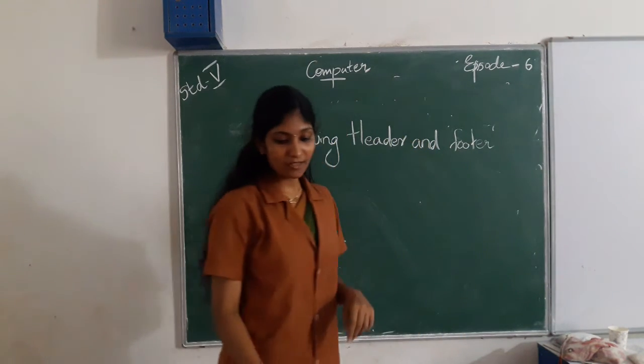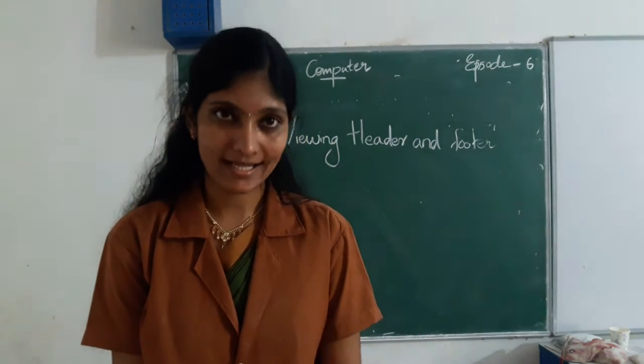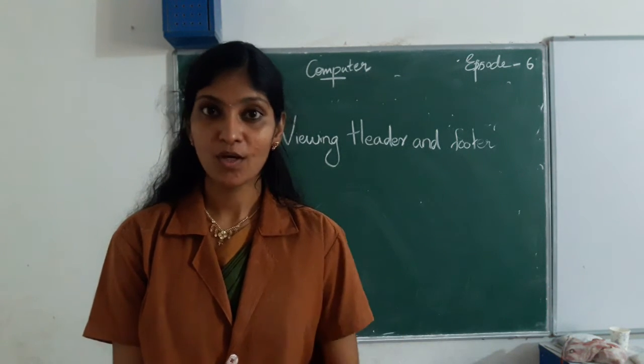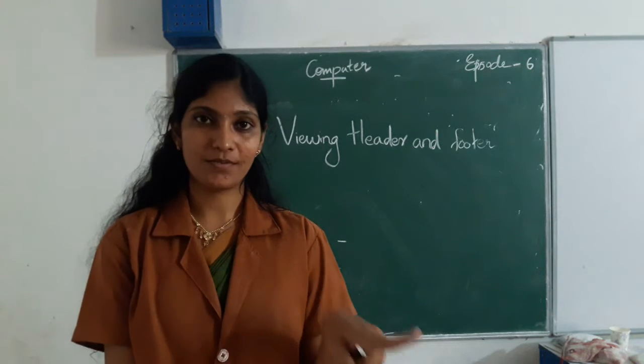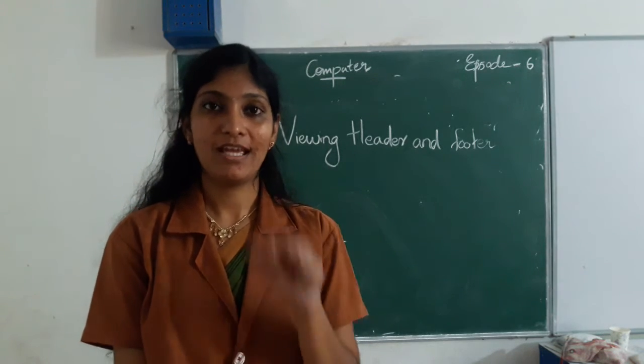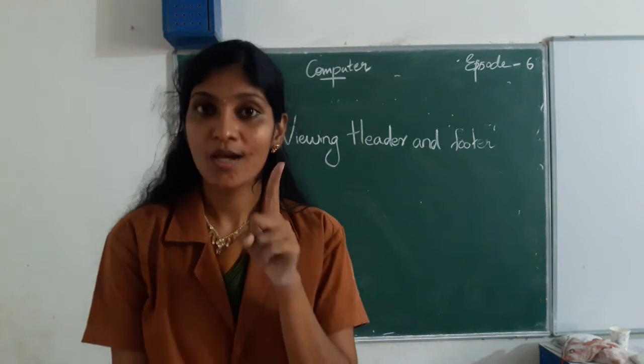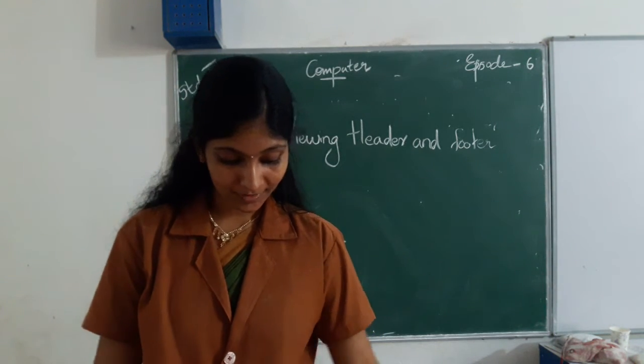That means if you cannot see the header and footer, you can go to buttons like the full screen button or print layout option. If you cannot see the header or footer, where can you go?